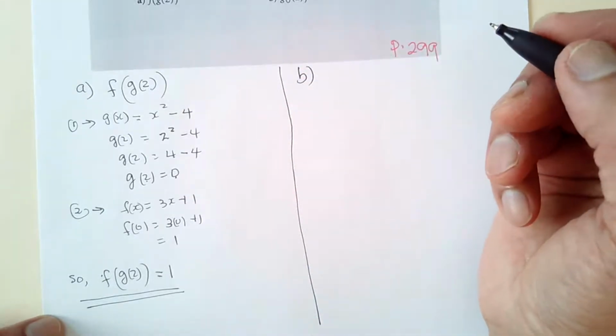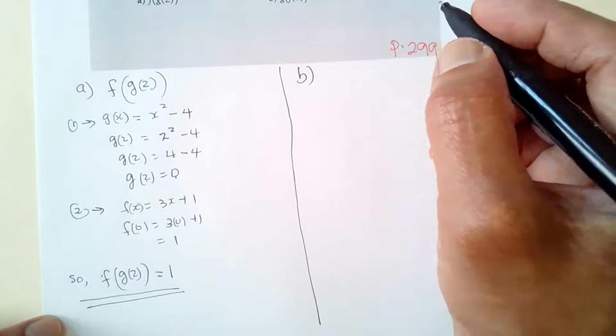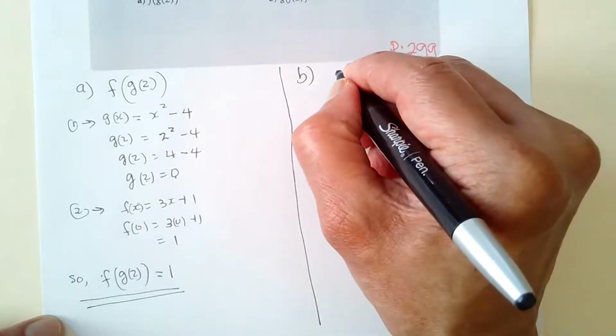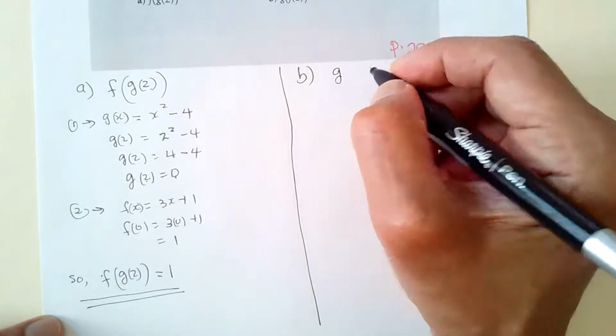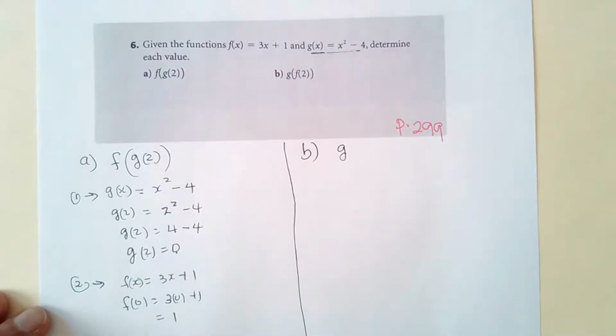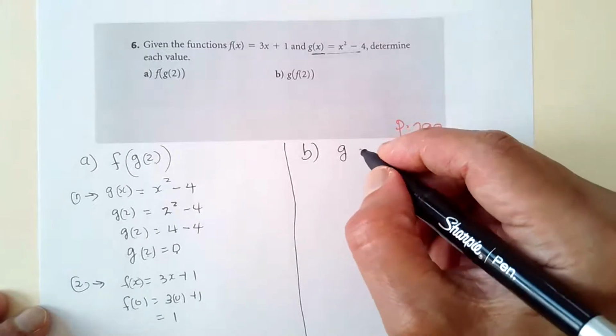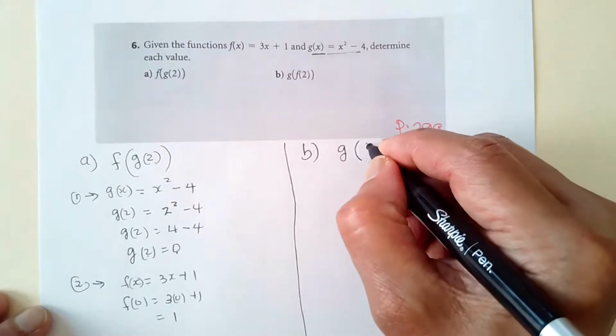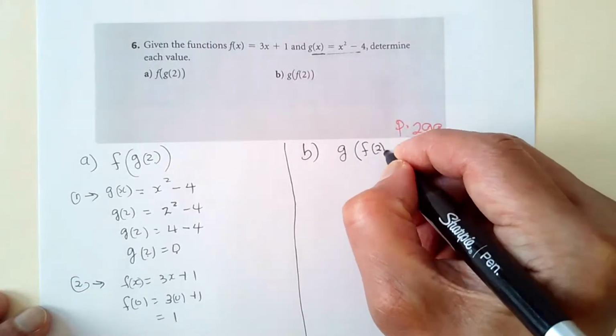So let's go to question 6b. We need to find g of f at 2.